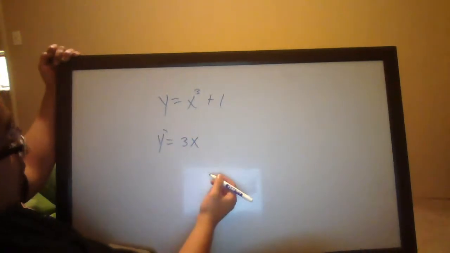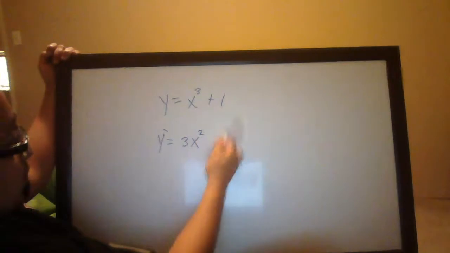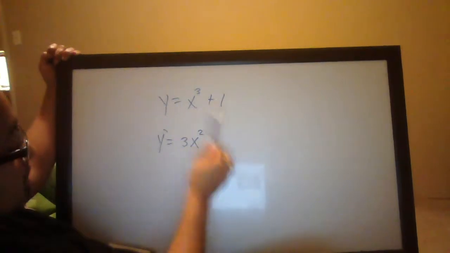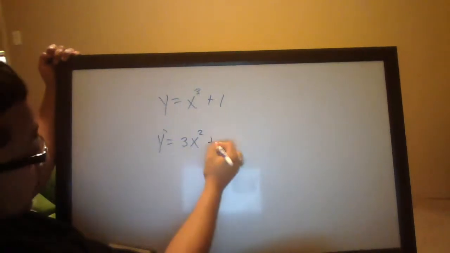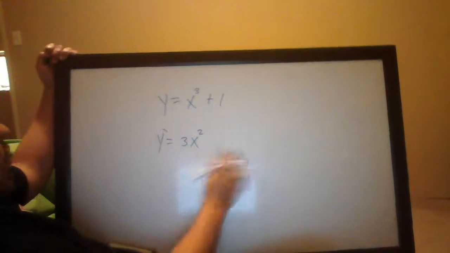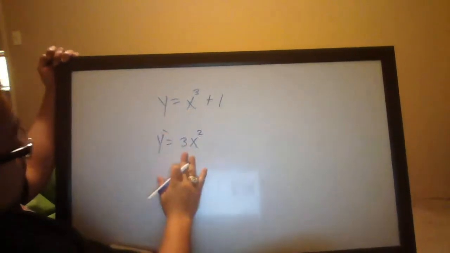Subtract the exponent by 1. So 3 minus 1 is 2. About this term, we said previously that the derivative of a constant is 0, so plus 0. So we just erase this. So the derivative of this equation is just 3x squared.